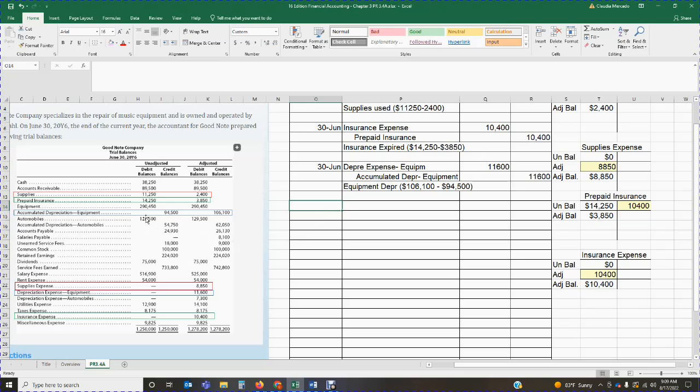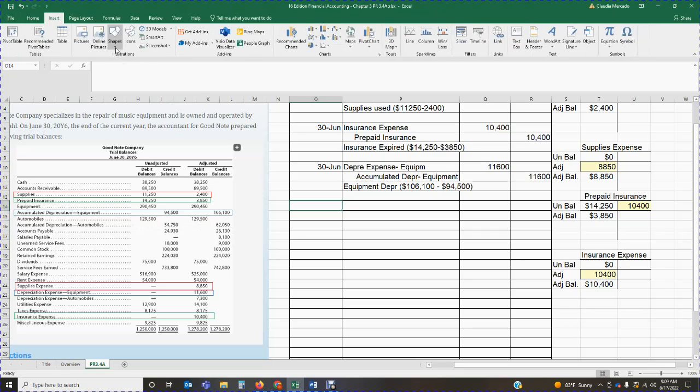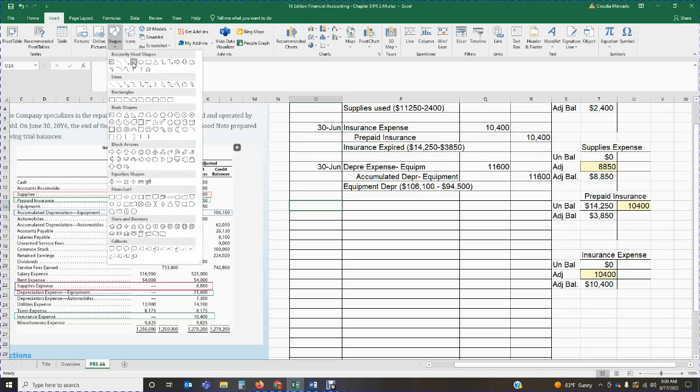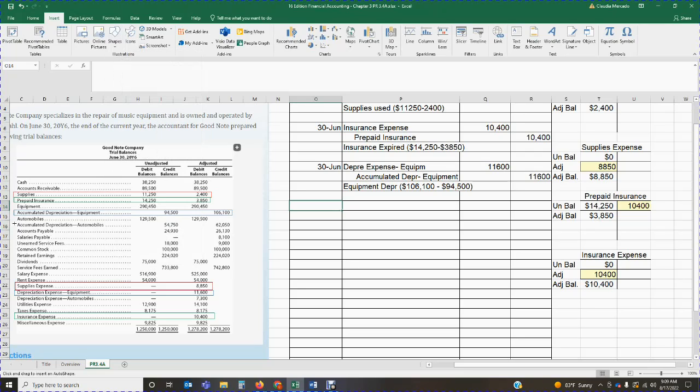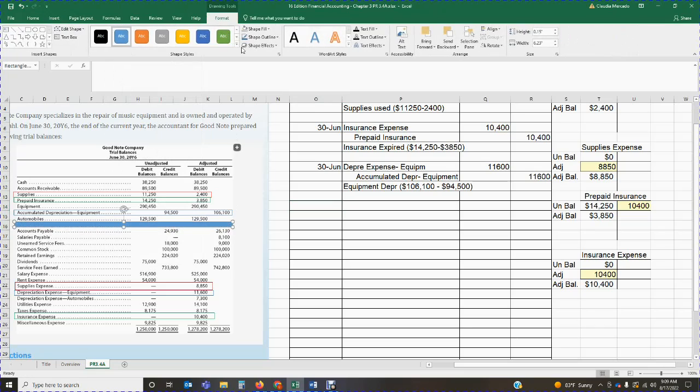Let's look at automobiles. Automobiles stayed the same. Now let's look at the accumulated depreciation for automobiles. I started off with 54,750 and ended up with 62,050, so we depreciated our automobiles as well.